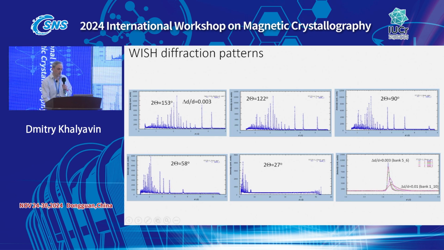On this panel, you can see the same peak measured at different scattering angles, at different panels, and you can see that back scattering is very sharp, and forward scattering is very broad. But at back scattering, we stop at 5 angstrom, so our accessible d-spacing range is only 5 angstrom, while at forward scattering, we can access 50 angstrom.